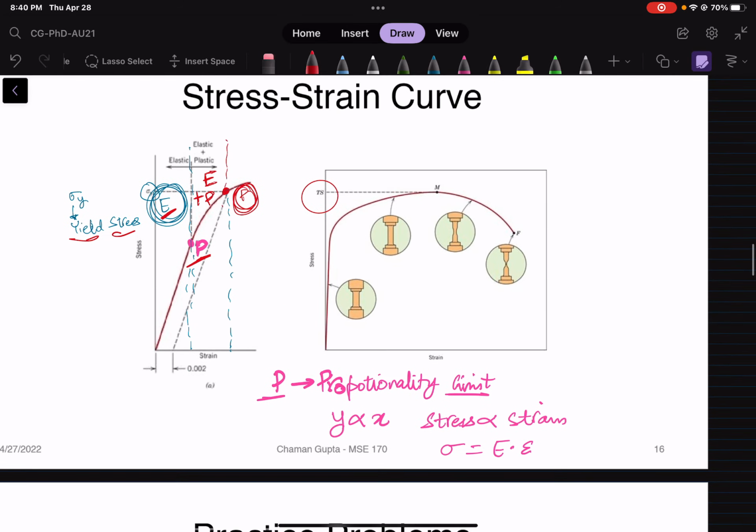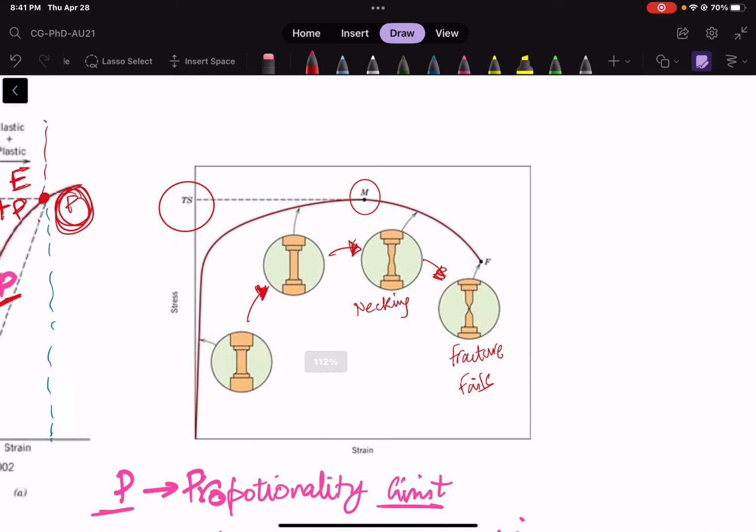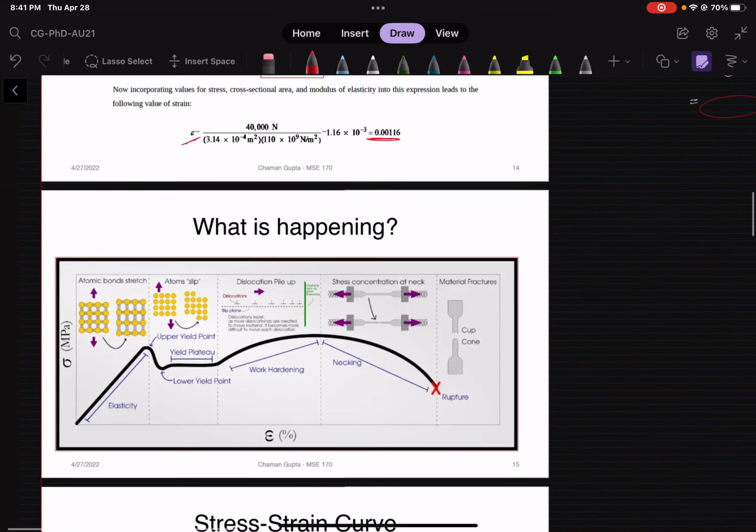Cool. And this is how, again, same idea, your material can look like, it can transform. You have this material, you elongate it, and then after this point you have necking happening, and then after that at the point F you have a fracture. The material fails in engineering terms.